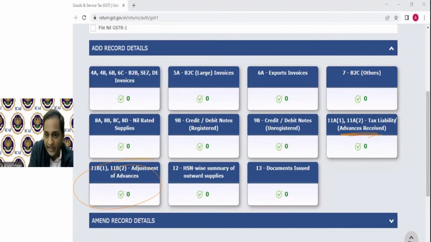Now, if I have received the advance and I need to pay the GST, we all know that advances against supply of service are taxable on the current date. If you receive the advance, you will club it here and pay the taxes in 3B, and adjustment of advances. What is the meaning of adjustment of advances? All are requested to give the answer. In the month of January, you have given the advance of rupees 1 lakh.